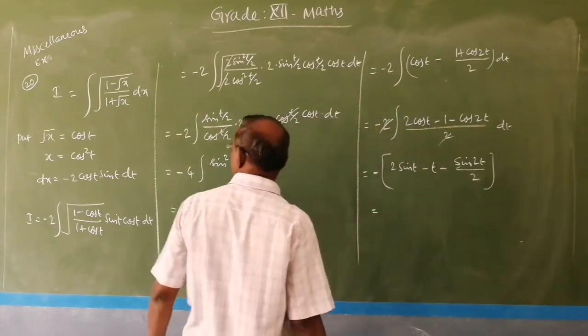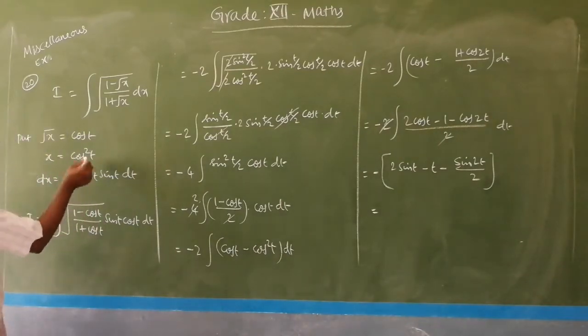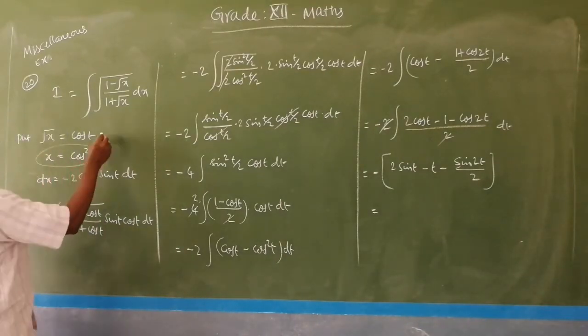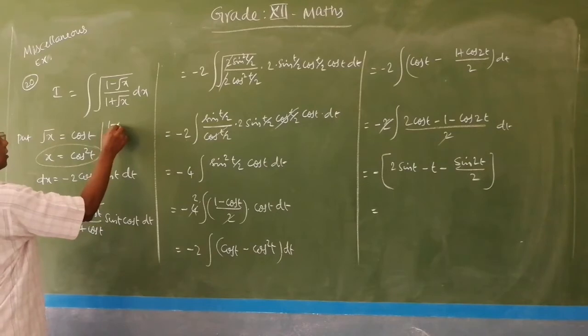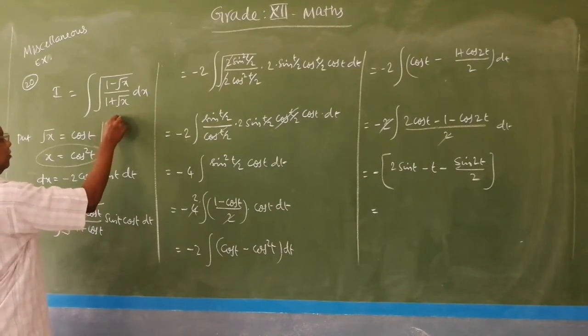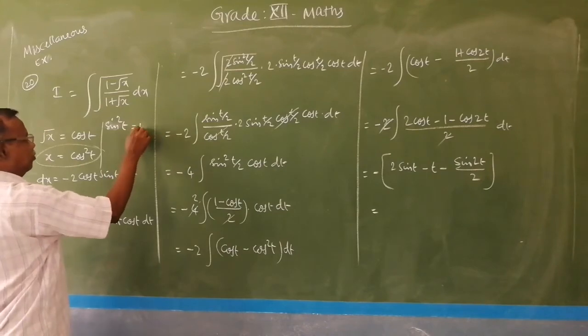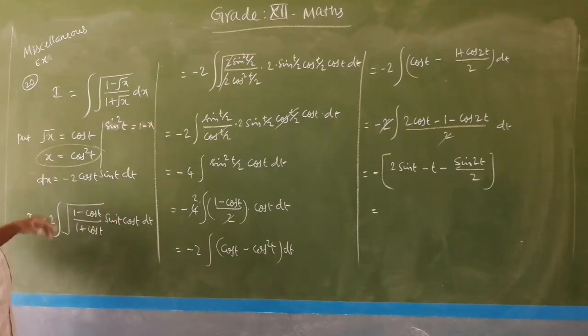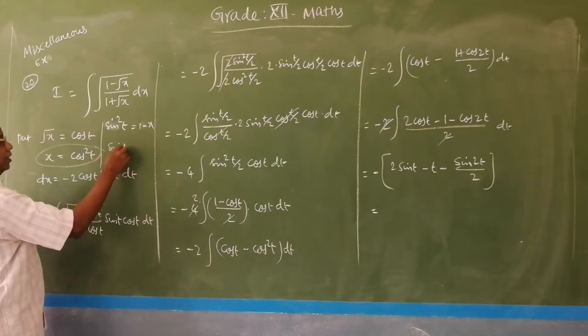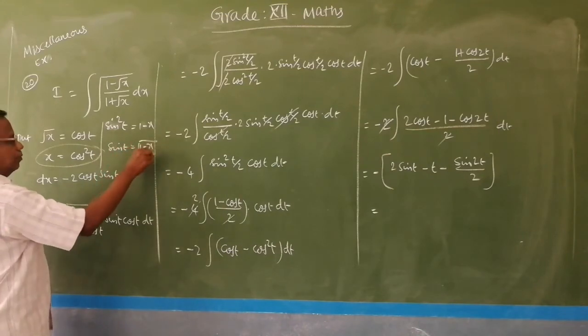And we know that when cos square t equals x, then 1 minus cos square t, that is sin square t, equals 1 minus x. So, sin t equals root of 1 minus x.